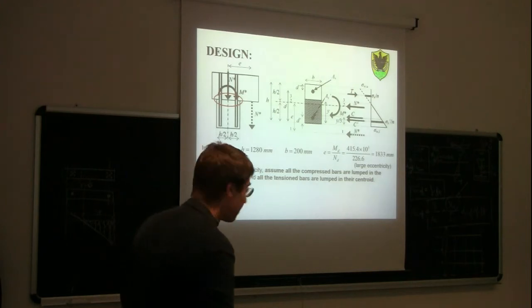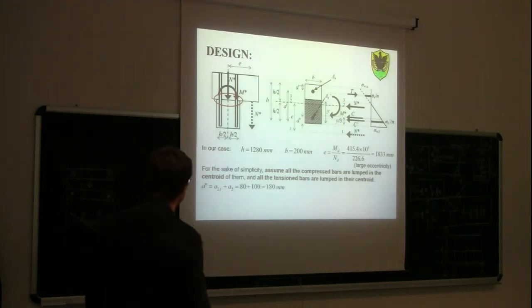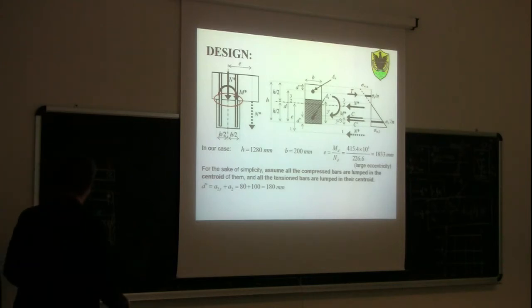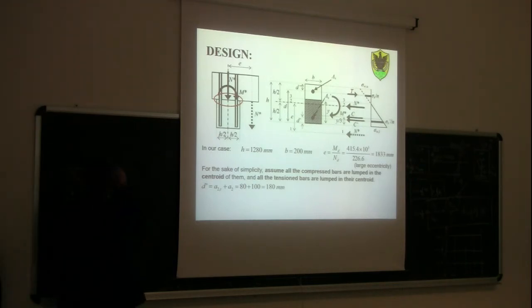Così procederemo quindi. So, going back to our formula, d prime: since we have 2 lines of bars, d prime in our case becomes this. This quantity is called d prime.